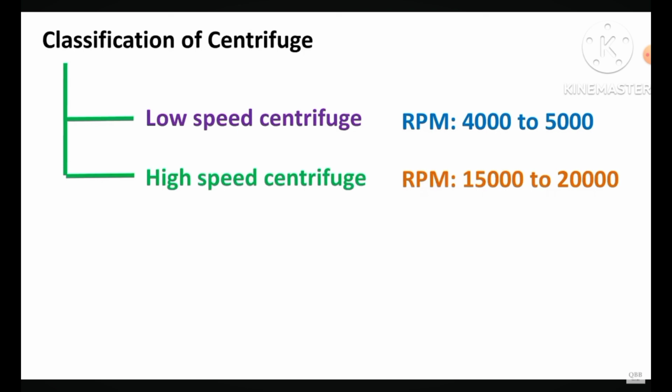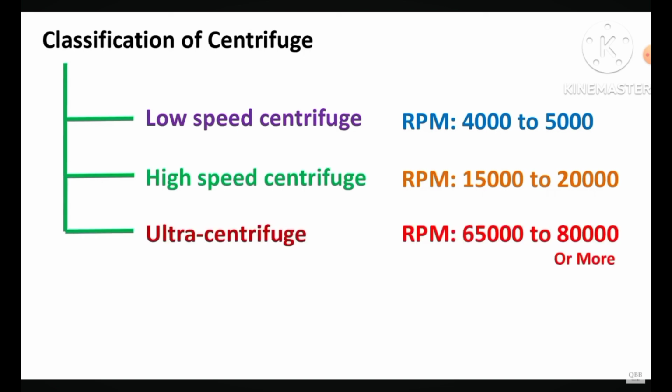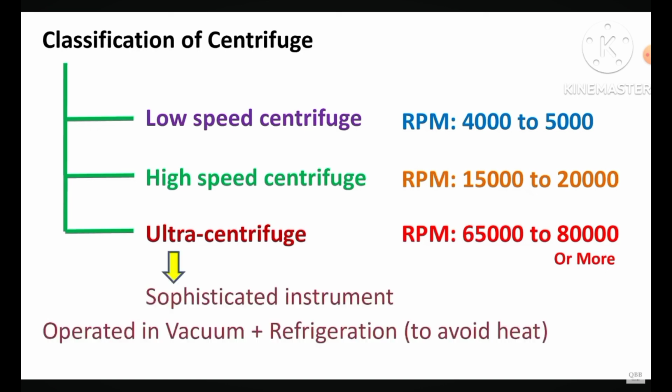On the other hand, ultracentrifuges can operate at maximum 65,000 to 80,000 RPM or even more. Ultracentrifuge is a sophisticated instrument which is operated in vacuum along with refrigeration to control the heat generated at such high RPM.